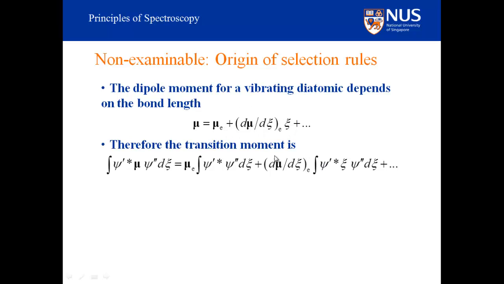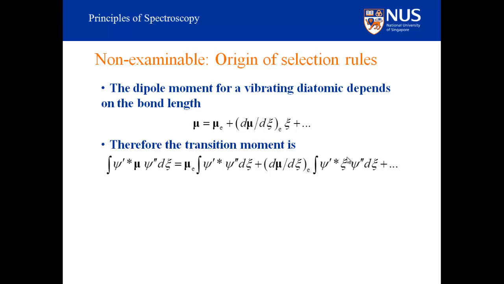When I substitute the second term into this integral, the gradient term here, which is the differential of the dipole moment with respect to displacement, is also a constant, so it can come out of the second integral. The displacement, however, cannot come out of the integral because the wave functions themselves depend on the displacement, and so of course this integral is also a function of the displacement.